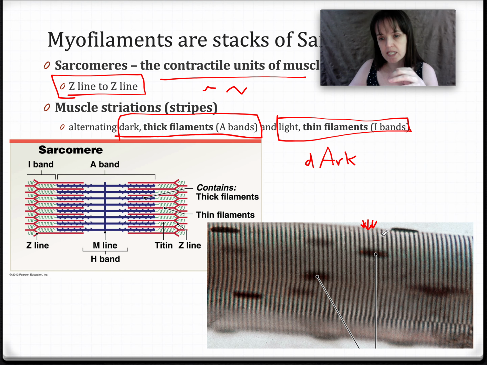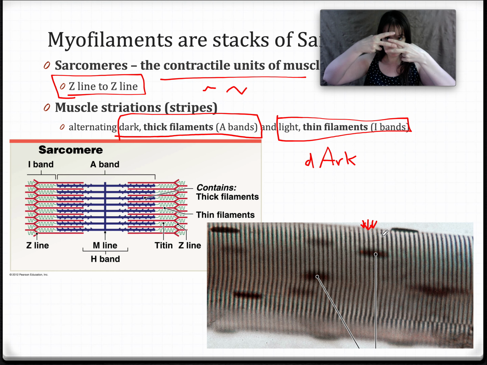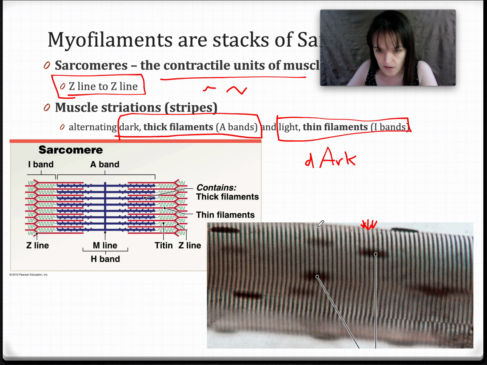The thin filaments are thinner, and so more light gets through in between the thin filaments. And so these are the lighter stripes. I'll make it cursive L, I. The I bands are light, I for light, because the thin filaments are just physically thinner, so more light gets in between them.